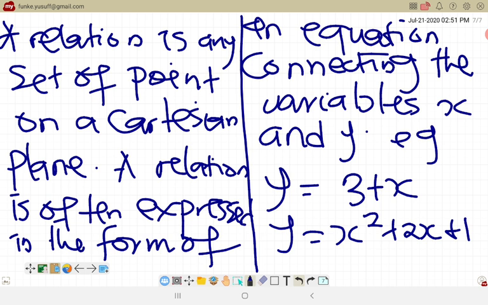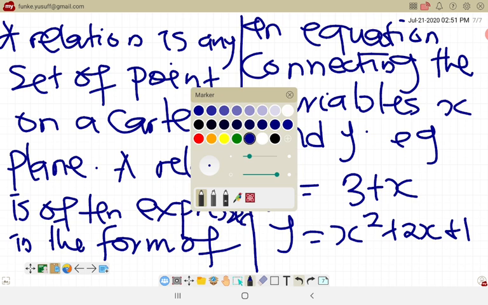We can also plot a relation on a Cartesian plane. We can plot the graph of a relation. For example, let us consider this relation.